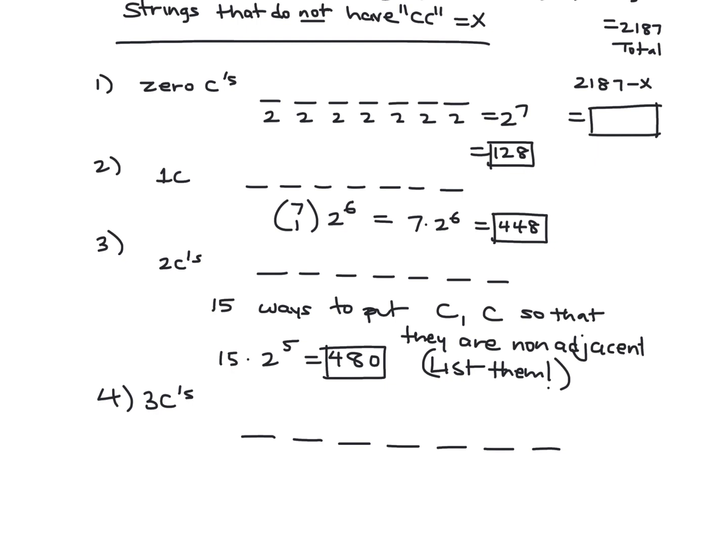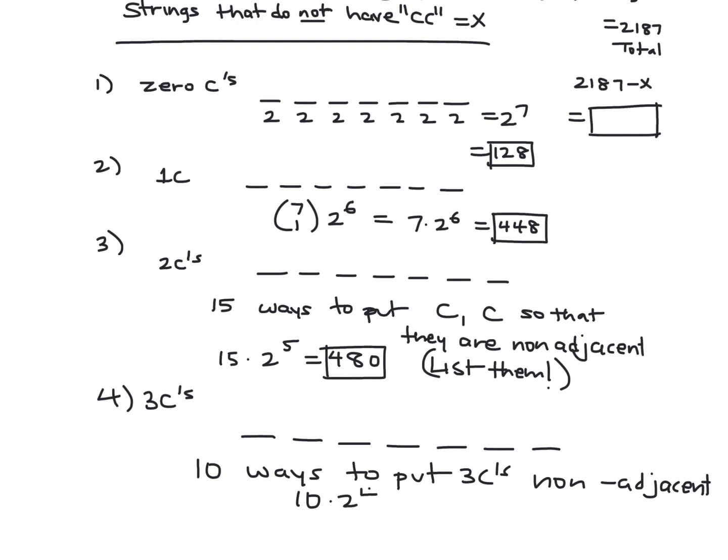There's 10 ways to do that, to put 3 C's non-adjacent. And again, you list them. And it would be therefore 10 times, and then we have how many? 4 spots left, and each of them has 2 choices, so 2 to the power of 4. And that's 160.